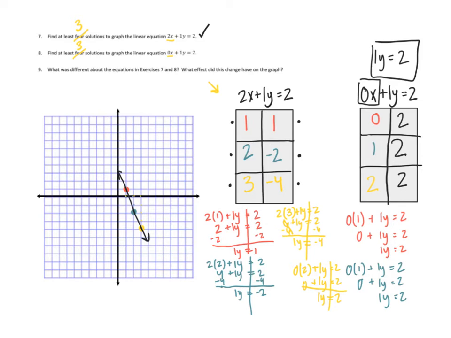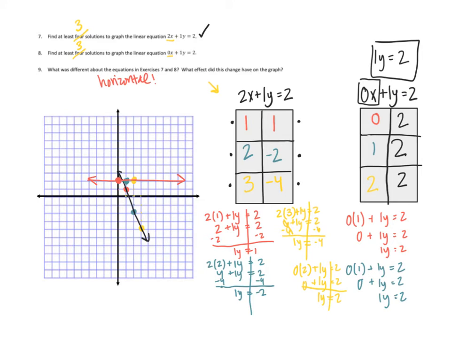So I'm going to go over 0, up 2, right there. I'm going to go over 1, up 2, right there. I'm going to go over 2, up 2, right there. So it looks like this line is falling right on this line. So this line is completely horizontal.